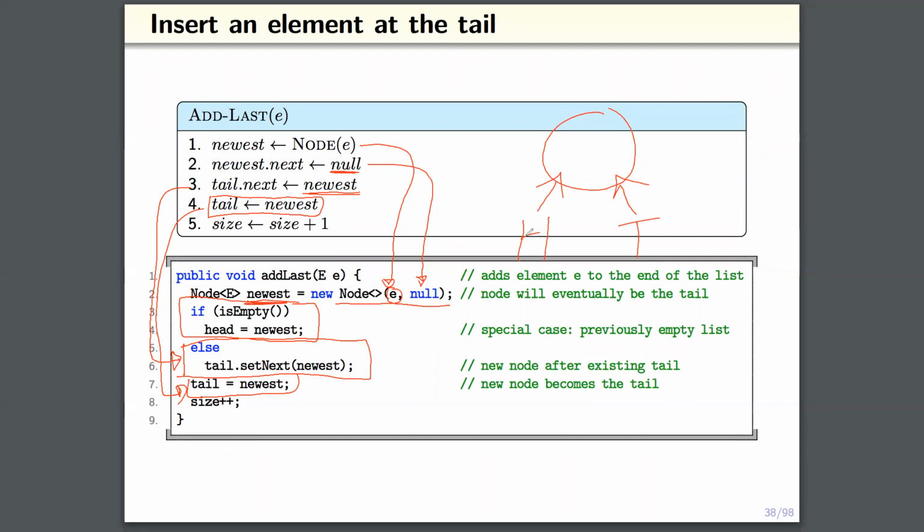Or you can say head and tail both point to newest. So head points to newest, tail points to newest if the list is initially empty. So that's a corner case, right? So apart from that, we have the logic here. Make sense? So does this make sense?